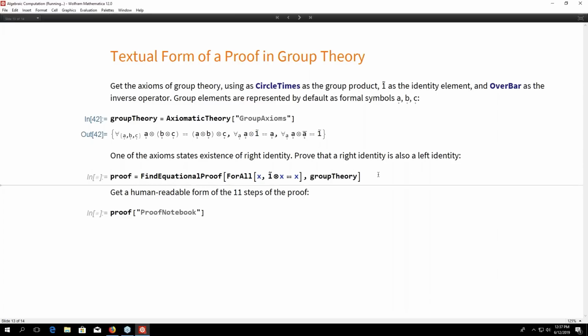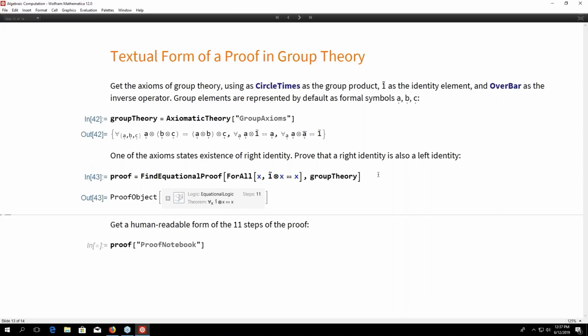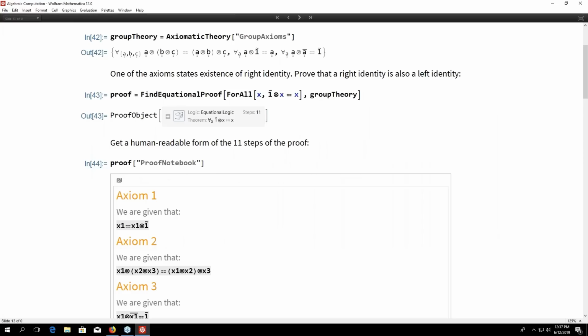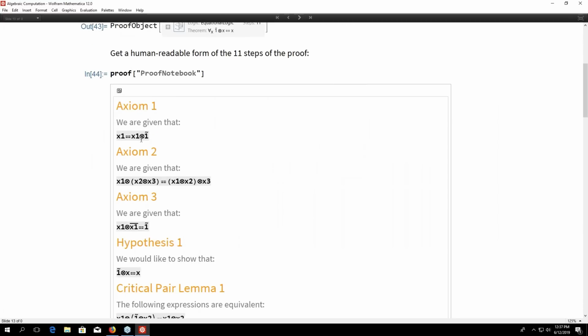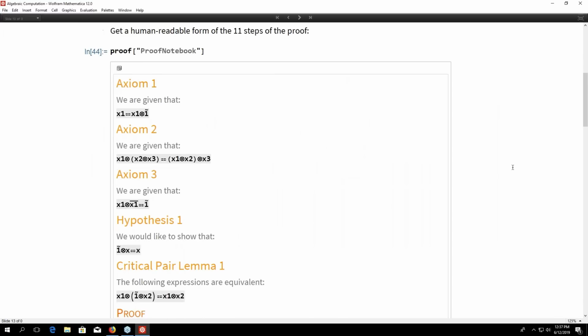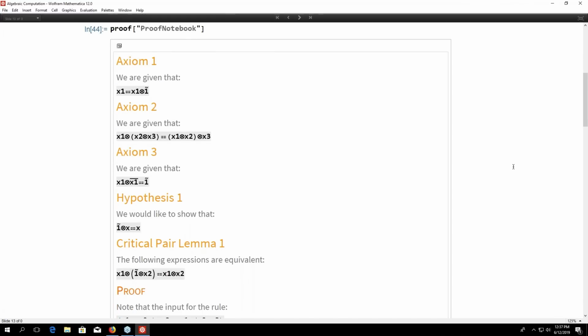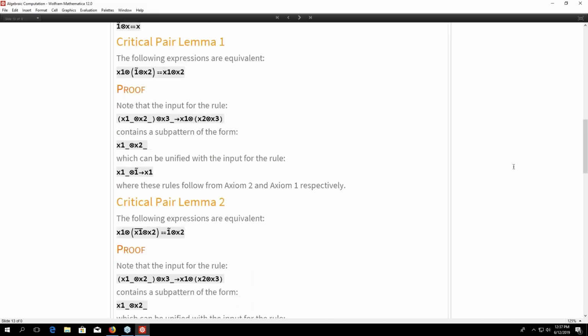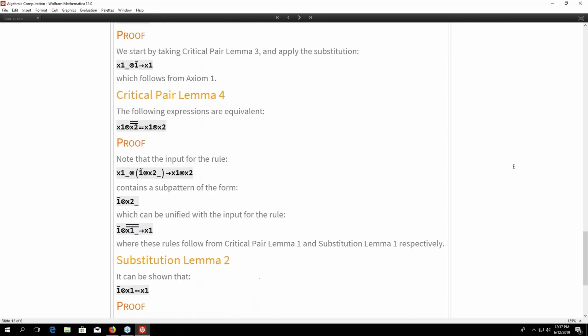So here is the proof. It takes 11 steps, and here is a proof notebook. So this is something that will show the proof in human readable form. So this is something that we can read, so we can solve the exercise where we are asked to show that a right unit is also a left unit. Here's a proof in 11 steps.